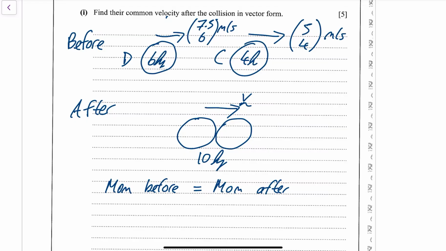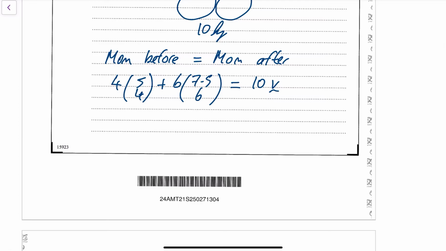Now, the momentum before: I'll do the C first, the 4, it's mass times its velocity, 5i plus 4j. And then the D, which is 6 times its velocity, 7.5i plus 6j. And the momentum after is just going to be 10V. Sort that out on the left-hand side. 5 times 4 is 20, 6 times 7.5 is 45, and then plus 20, that's going to be 65 on the top.